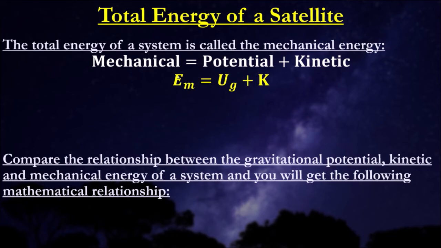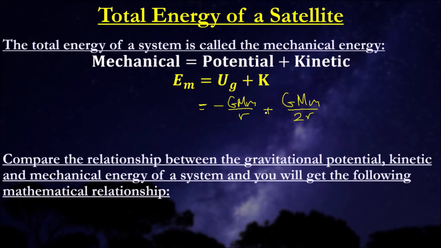We already know the equation: total energy equals potential plus kinetic. In this case, because we're looking at a satellite, it's going to be gravitational potential. Now we already know what the formula for gravitational potential is. It's negative GMm over r plus kinetic energy, which is GMm over 2r.